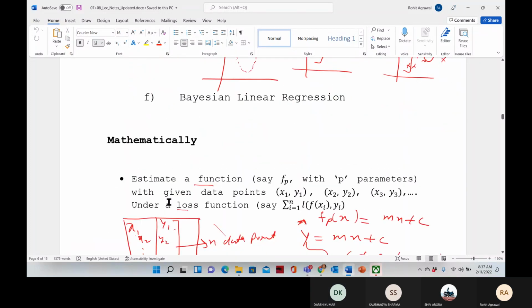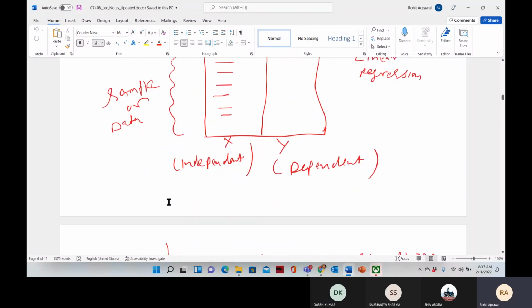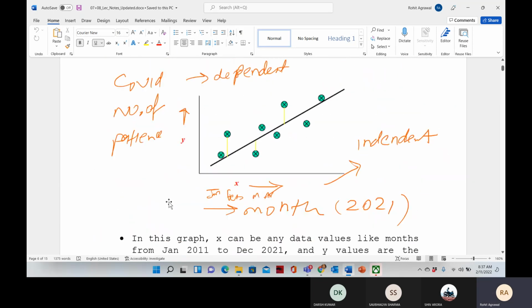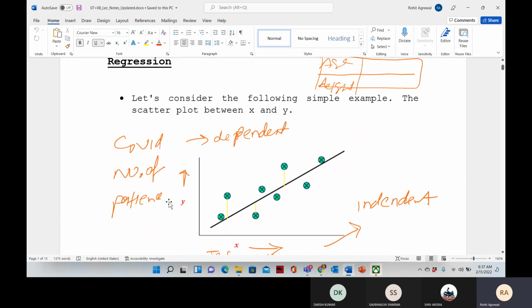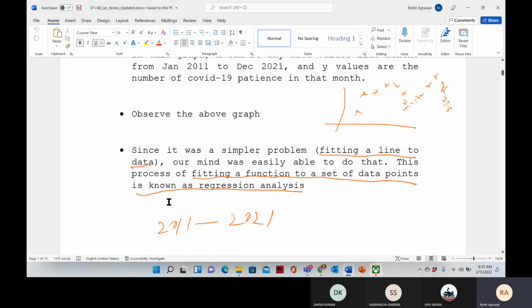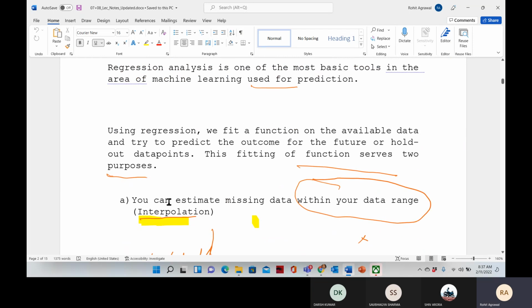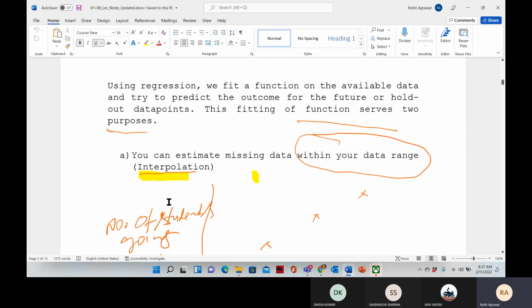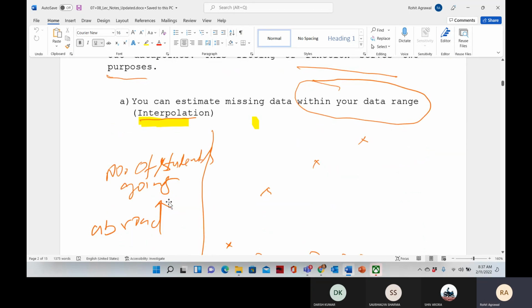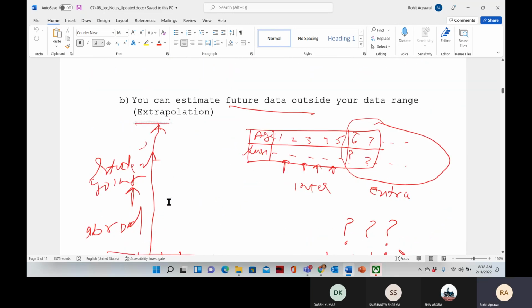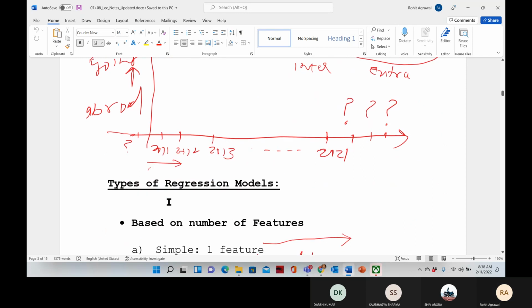Yes. Okay. So we discussed these things. We discussed regression, some examples, the definition of regression, regression and interpolation, regression and extrapolation.